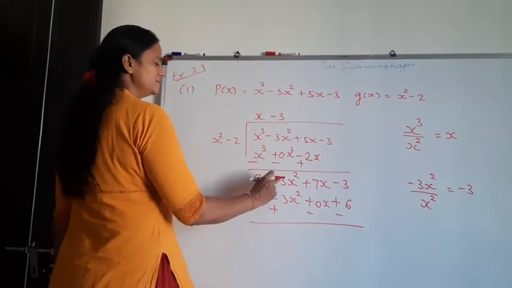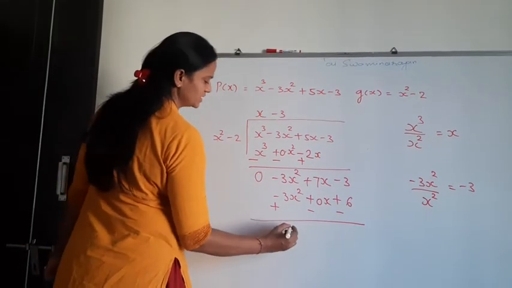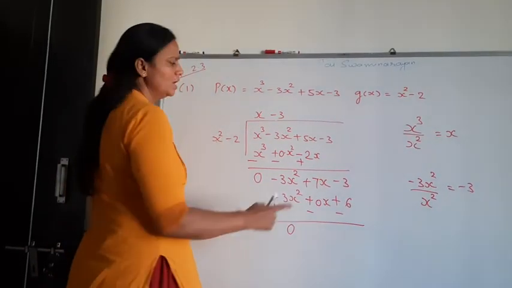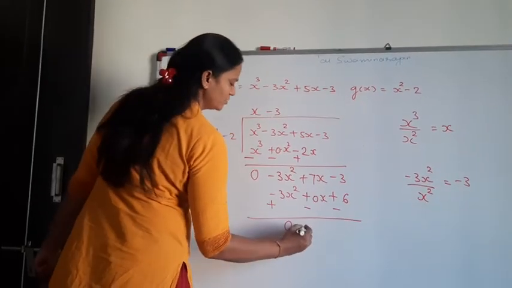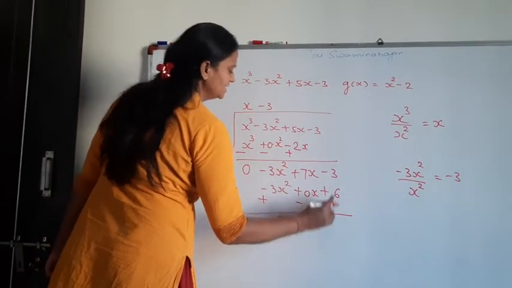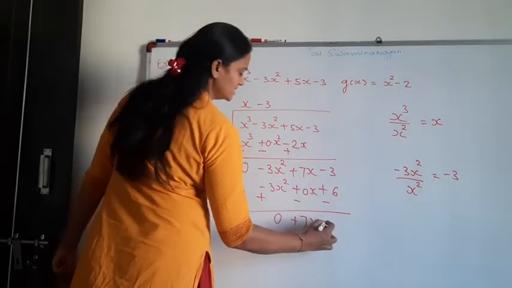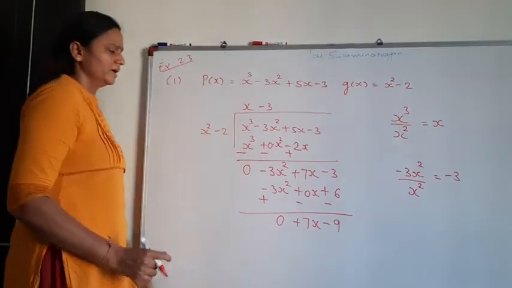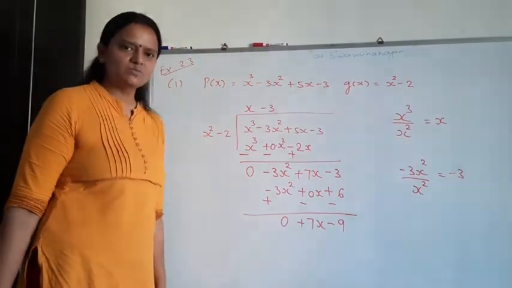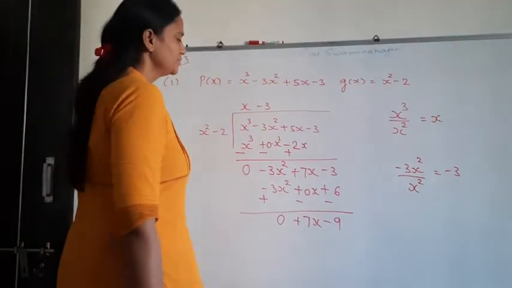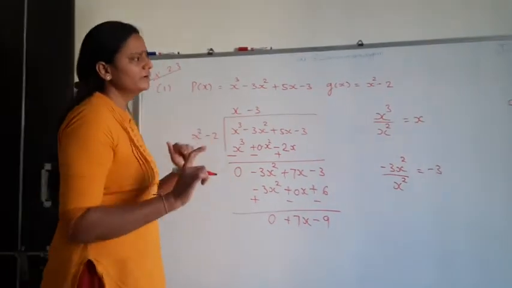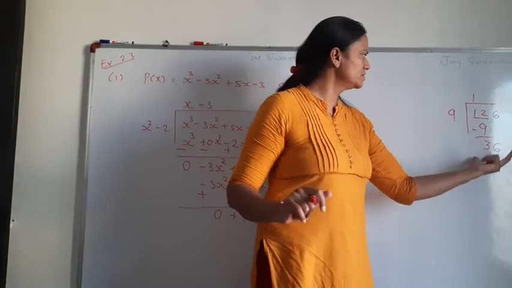Now minus 3x square plus 3x square is 0. Plus 7x minus 0x is plus 7x. Minus 3 minus 6 is minus 9. Here 7x minus 9 is the remainder.